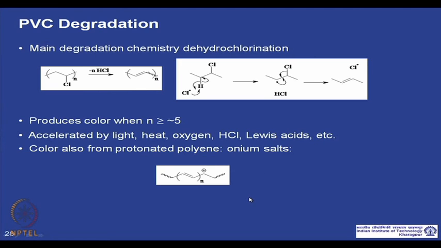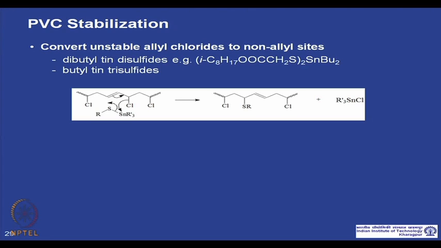So, basically if you want to stabilize polyvinyl chloride, you want to have a mechanism by which you can trap chlorine radical, or you can destroy these olefinic or allylic double bonds which are getting produced during the degradation process.